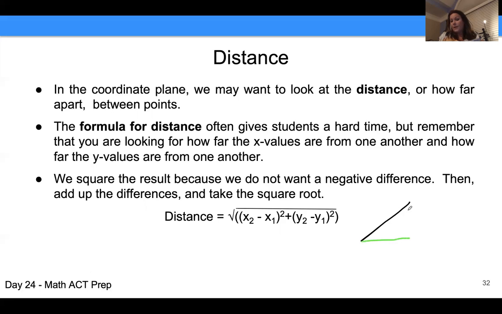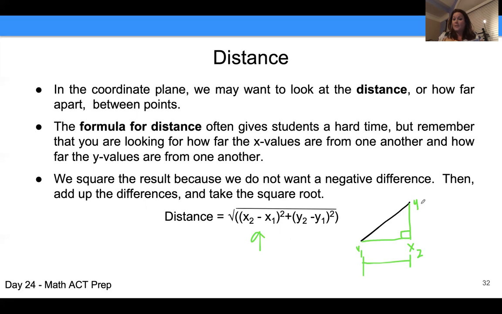Then if we create this right triangle here so that we can do a squared plus b squared is c squared, this x2 minus x1 tells us the length of this side. That's what this is doing. It's telling us the length of this side.